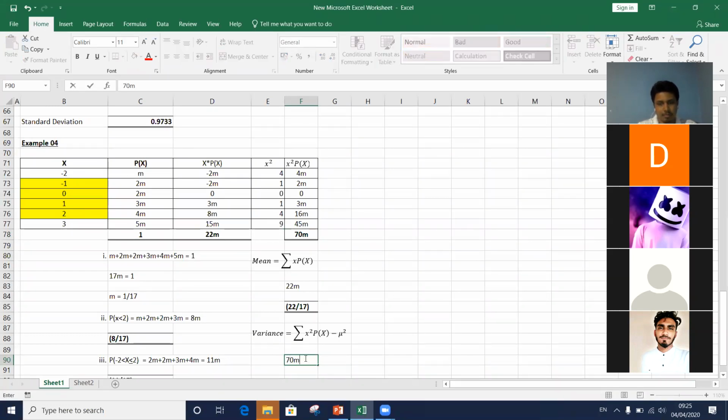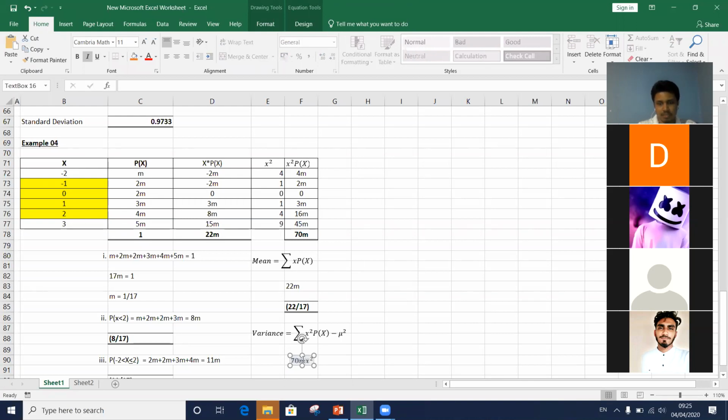70m minus the square value of mu, right? Square value of mu. Right. Right here, x squared into px, the sigma value is 70m.